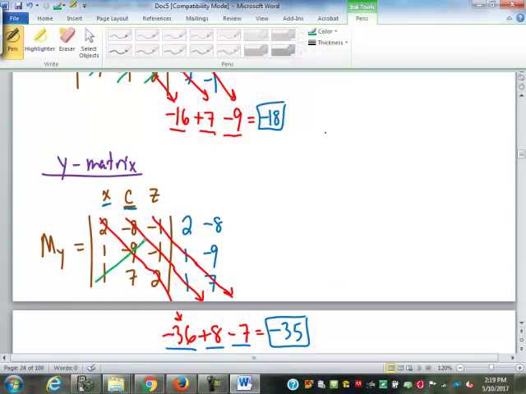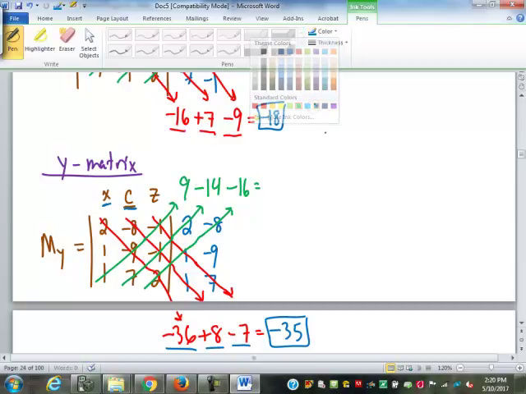Now let's do the ups. 1 times negative 9? Negative 9. Negative 9 times negative 1? Positive 9. Good. 7 times negative 1? Negative 7. Negative 7 times 2? Negative 14. 2 times 1? 2. And 2 times negative 8? Negative 16.